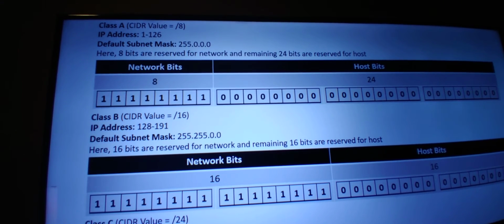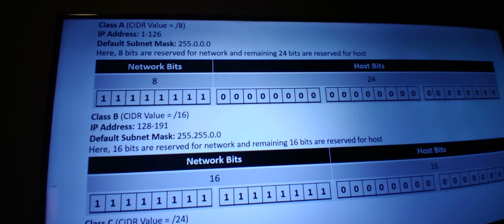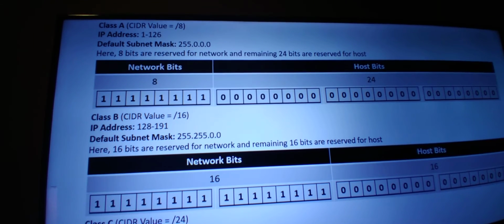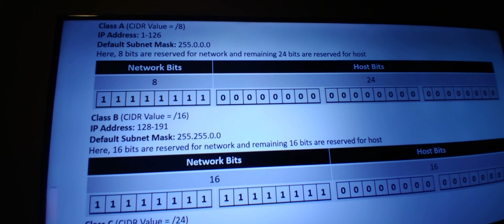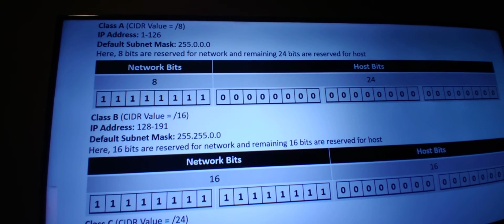We should be able to look at any IP address and, based just on the first octet value, say that this is a class A, class B, class C, or class E. As you can see, class A is 1 through 126, class B is 128 through 191, and class C is 192 through 223.